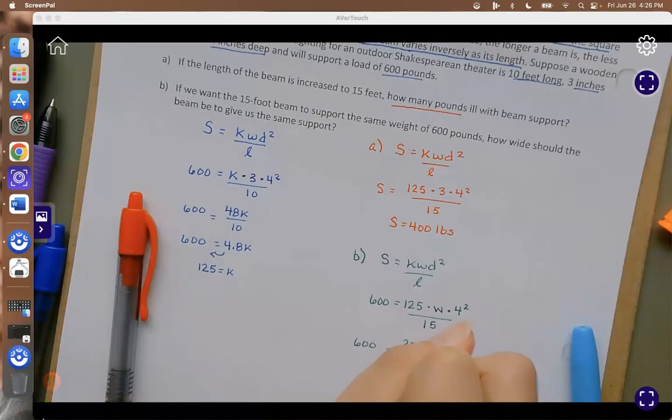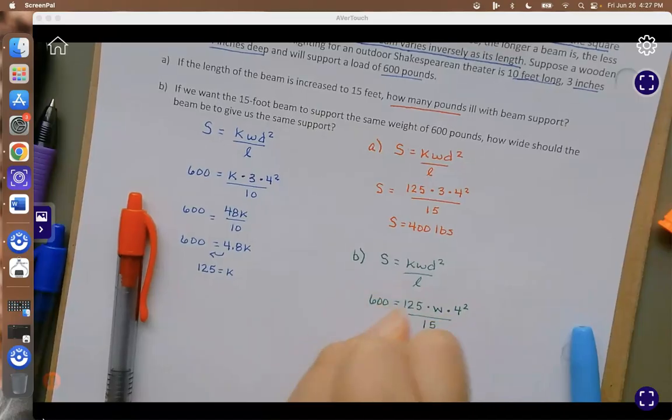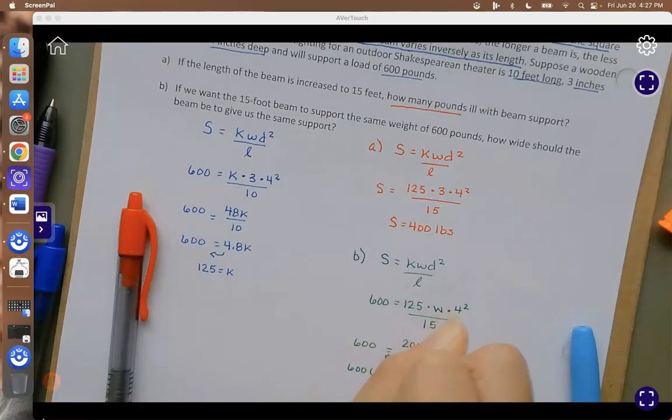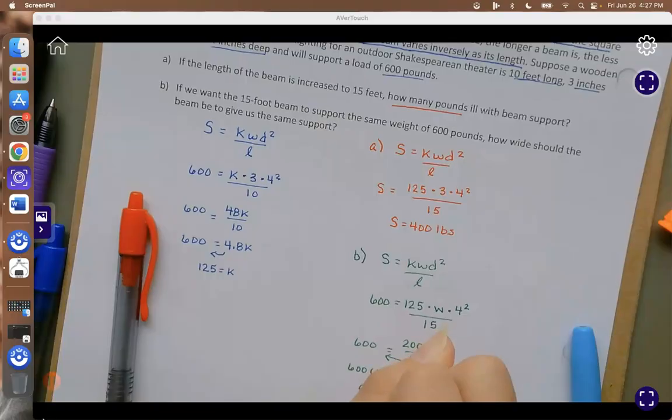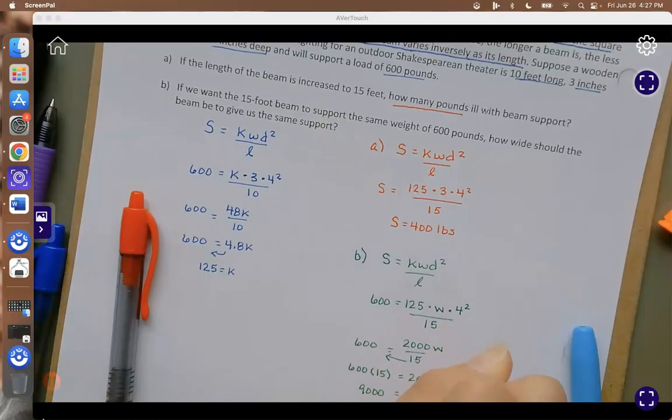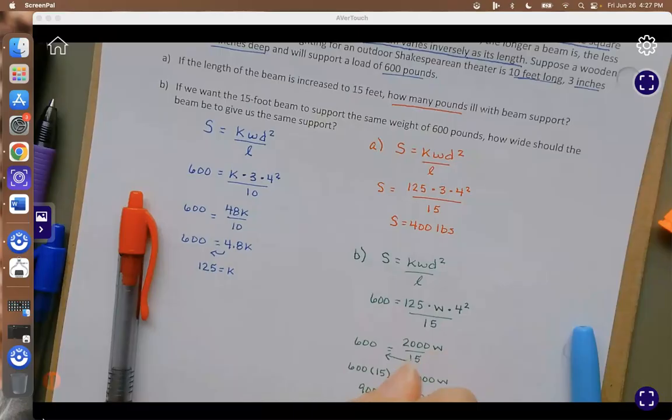Maybe I move this over first, because that's going to give me a repeating decimal, and I don't want to round it too soon. Okay, so we'll do 600 times 15. That's 9,000. Divided by 2,000. That's going to be 4.5, and we're talking in terms of inches.